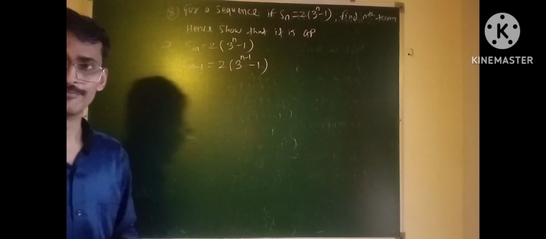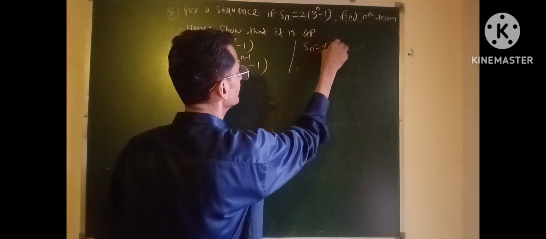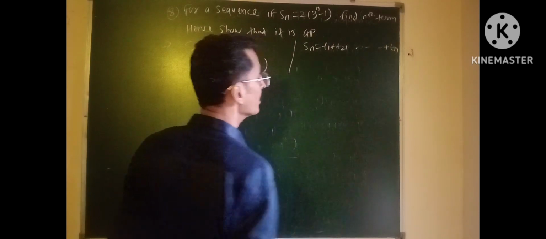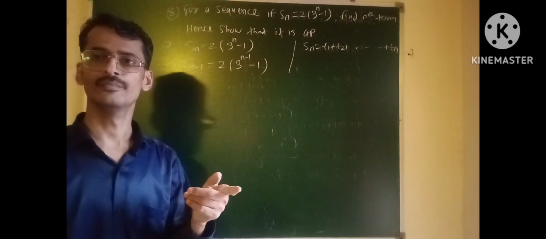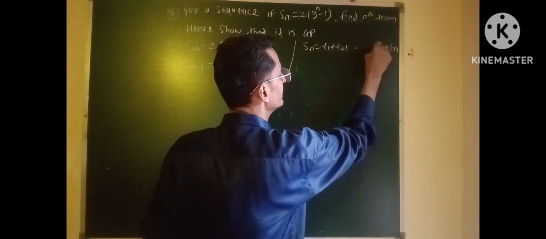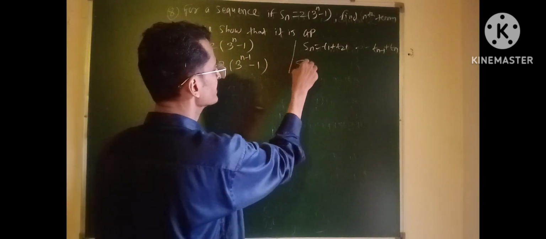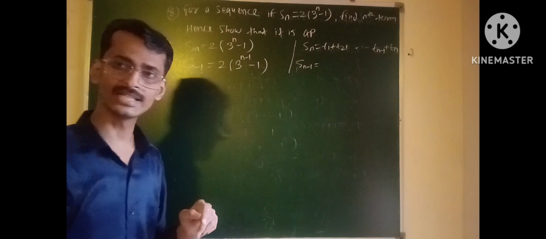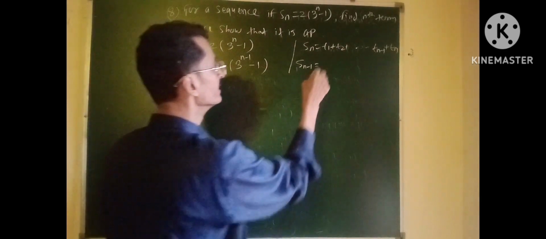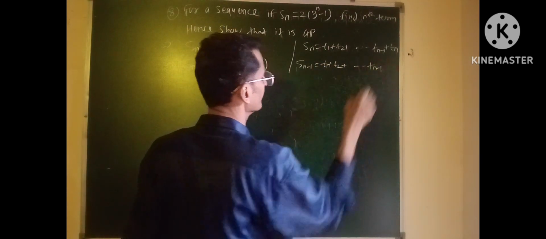How can we find Tn from this? Now see here, what is Sn? Sn is T1 plus T2 up to Tn. Now Tn means the nth term. If we want the previous term of Tn, that is Tn minus 1. Now what is Sn minus 1? Sn means the sum of the first n terms and Sn minus 1 is the sum of the first n minus 1 terms. That is, first term, second term, up to Tn minus 1.